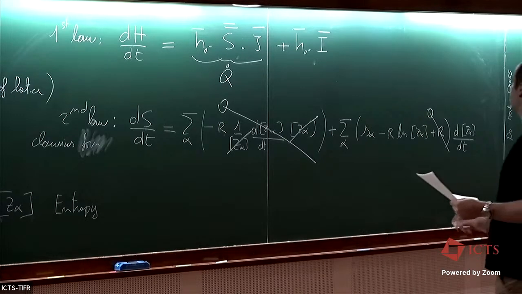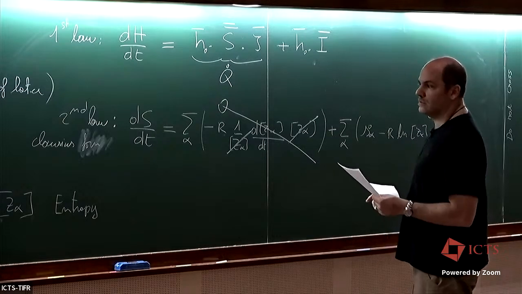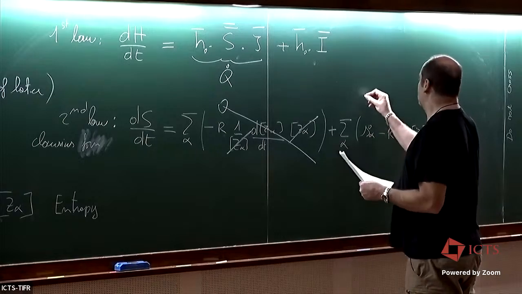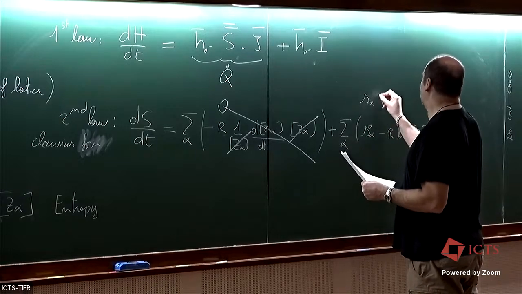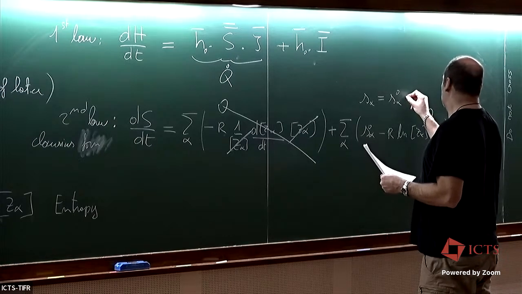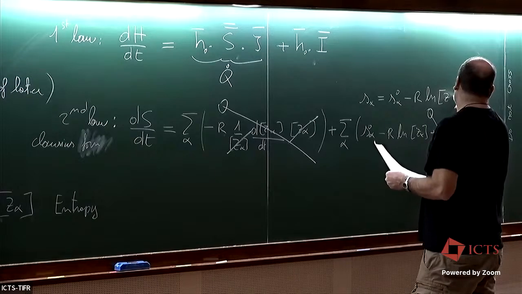And I'm going to now define, this is the S0. I'm now going to define the S alpha as S alpha 0 minus R log Z alpha.